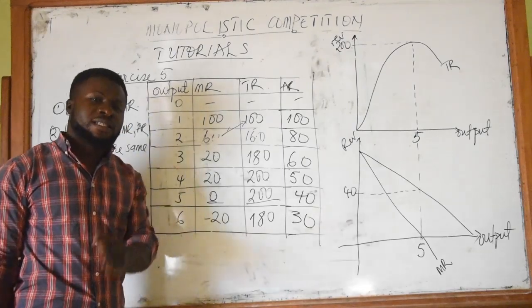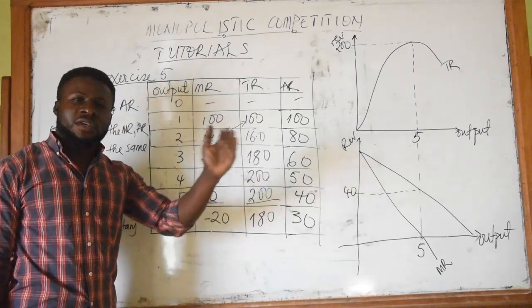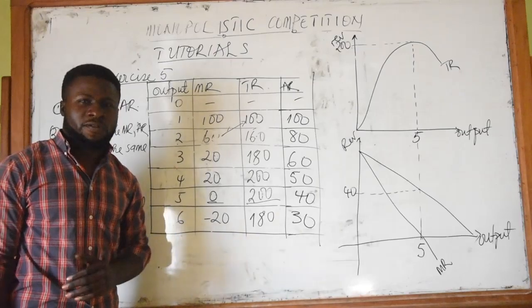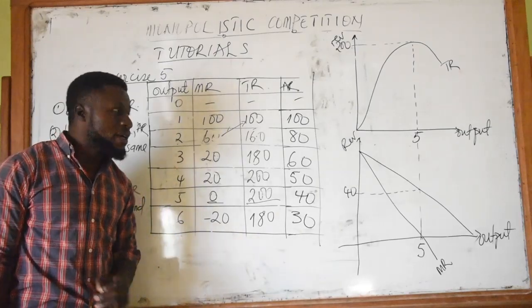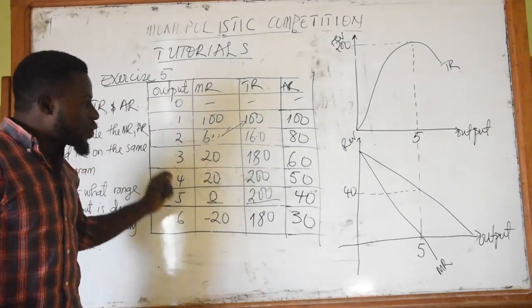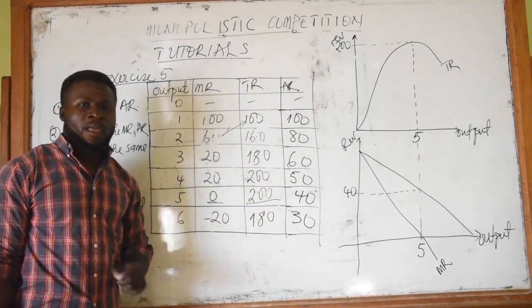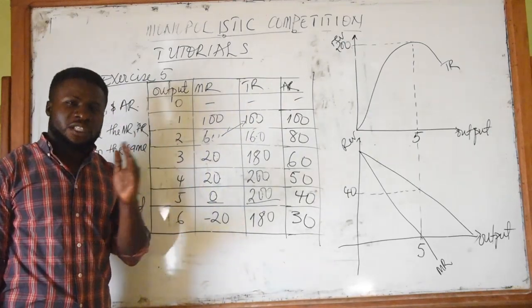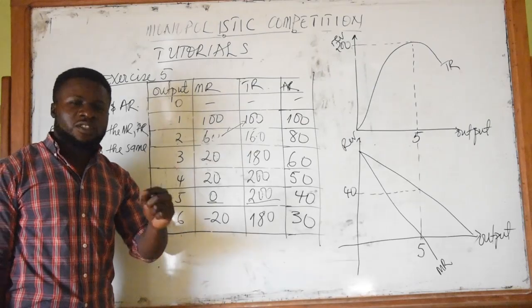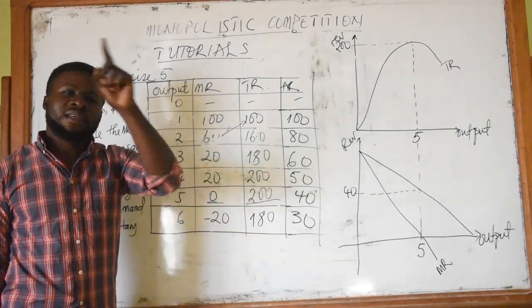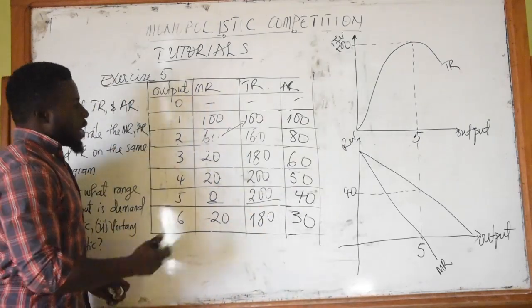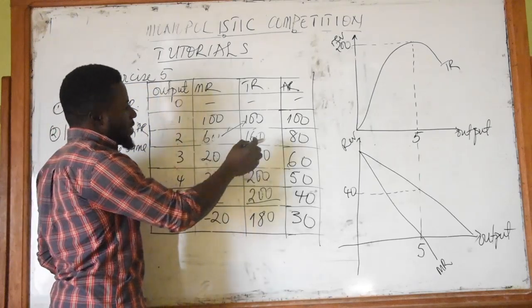Total revenue is rising steadily, while marginal revenue is falling, yet still positive. I take that all over. The demand for a good is elastic when its marginal revenue is positive and falling, while its total revenue is steadily rising. So therefore, we are going to see where total revenue is steadily rising here.